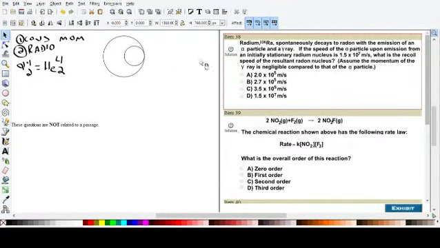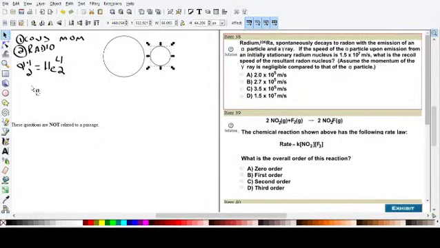And since we're told that initially the radium nucleus isn't moving, we know that the initial momentum of the entire nucleus is 0. So we're just going to picture this entire thing as the radium nucleus, and then afterwards this alpha particle here will leave the nucleus.